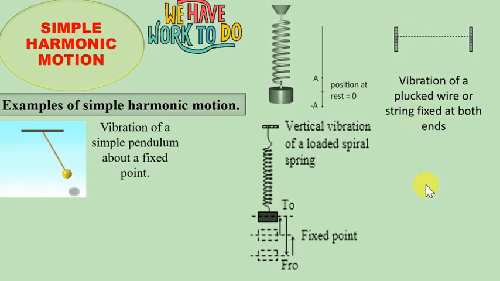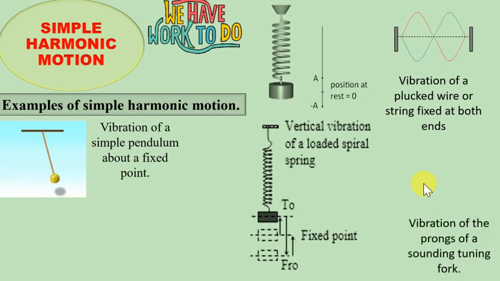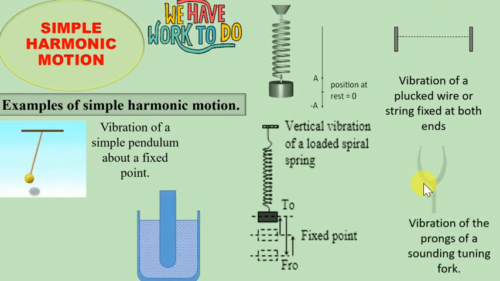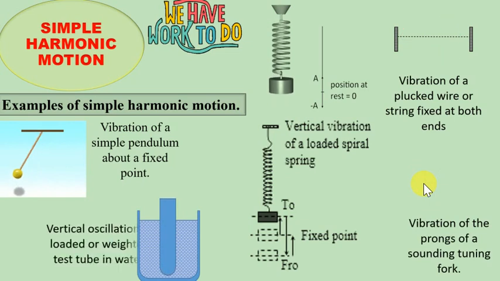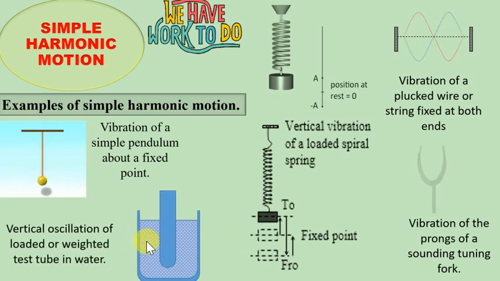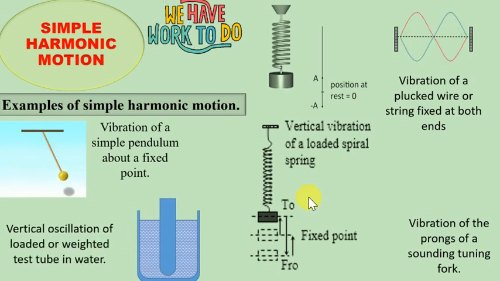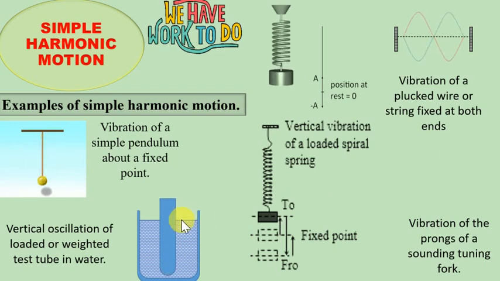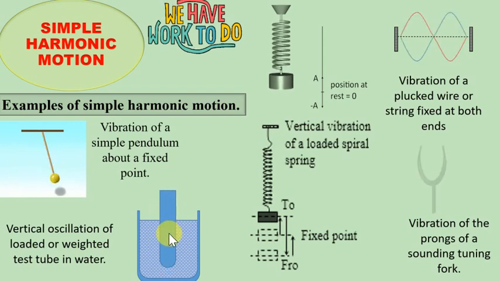Another example also will be, so that gives us another example of simple harmonic motion. Oscillation of a vertically loaded spring.